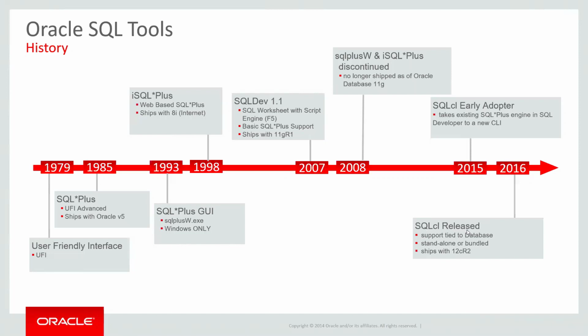So SQLcl it is. The CL stands for command line. Again, very creative names we have here. That was released in 2016. So it's not really a new product either. It's been out for 3 years. It's officially supported by Oracle. So if you have a support contract on an Oracle database, you can open service requests, log bugs, and log enhancement requests on SQLcl if you'd like.